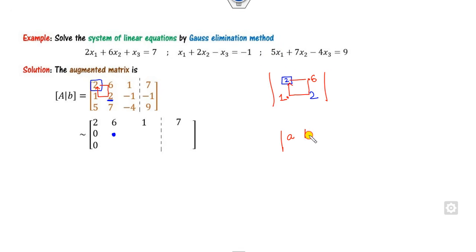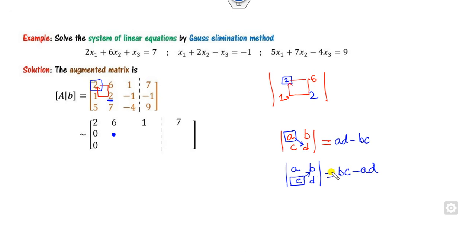Now if you have the 4 elements A, B, C, D, find the determinant of this. You all know the determinant is AD minus BC, but make sure that wherever the box is written, you start from that side. If this is my box, then you write the determinant from here: BC minus AD.